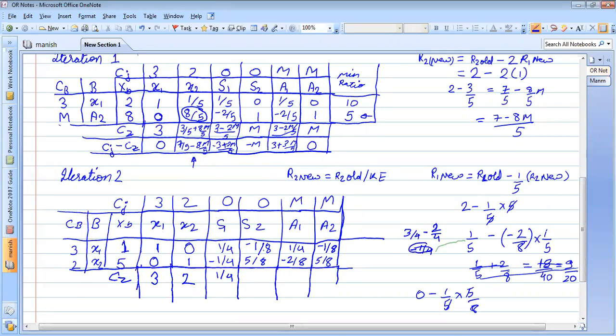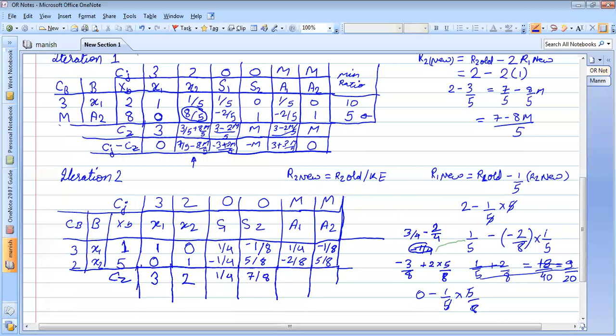Then minus 3 by 8 plus 2 into 5 by 8. This will be 10 minus 3, so 7 by 8.